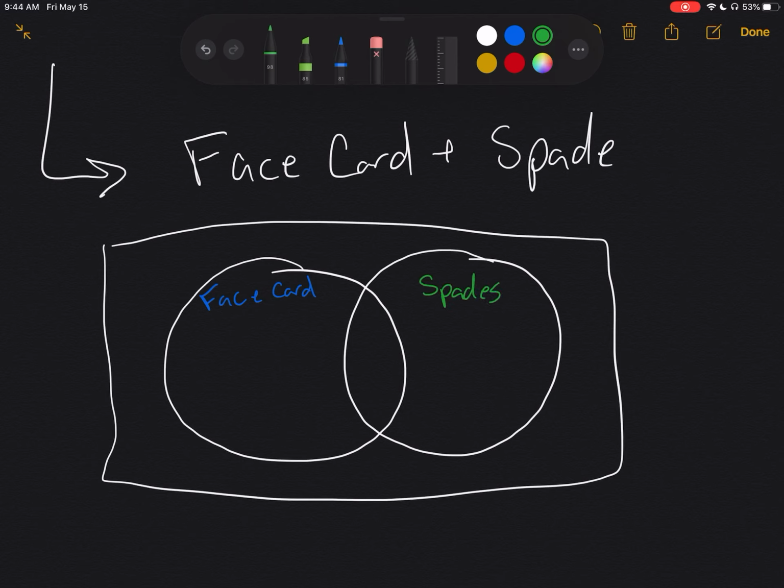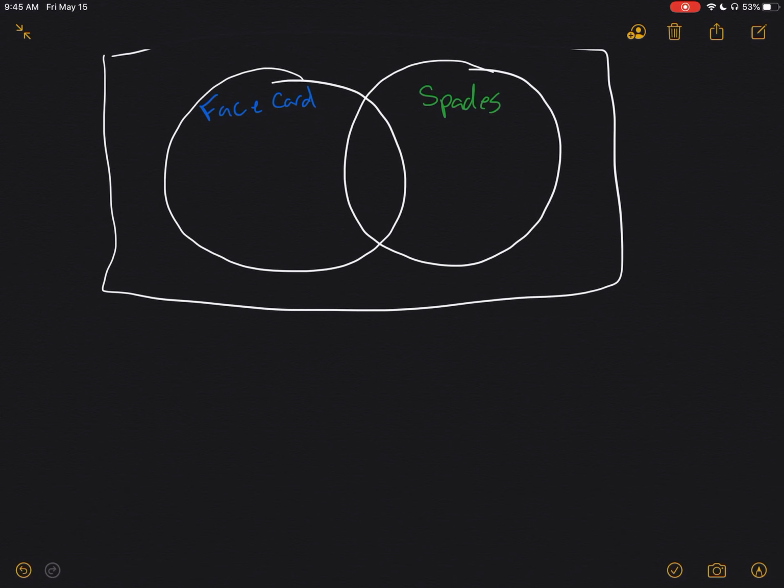Now, spades is one of the suits. There are 4 suits, 13 cards in each suit. So there are 13 total spades, but 3 of those are face cards, right? We've got king, queen, and jack. So I've got 10 spade cards: ace, 2, 3, 4, 5, 6, 7, 8, 9, 10.